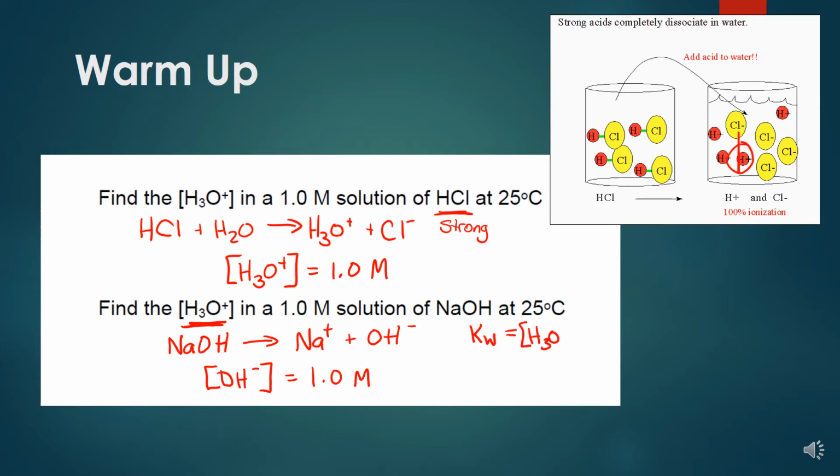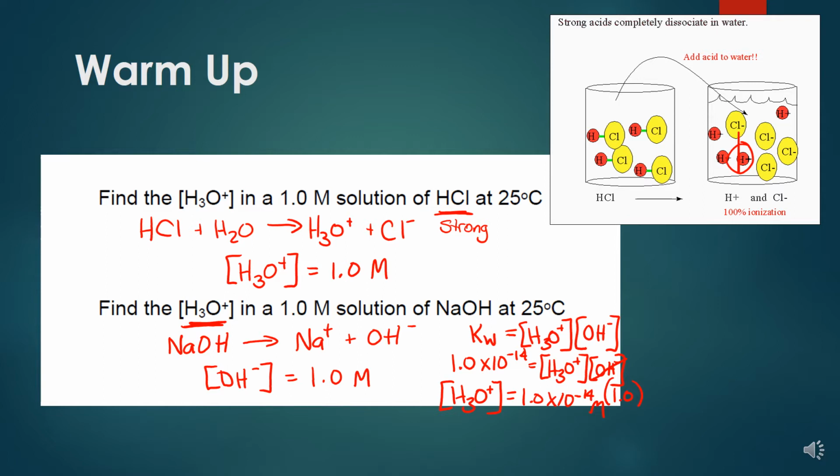We know that Kw is equal to the concentration of hydronium multiplied by the concentration of hydroxide. And at 25 degrees Celsius, that Kw is a constant, 1.0 times 10 to the negative 14. So when we substitute in the 1.0 moles per liter of hydroxide here, we can see that the concentration of hydronium is 1.0 times 10 to the negative 14 moles per liter.